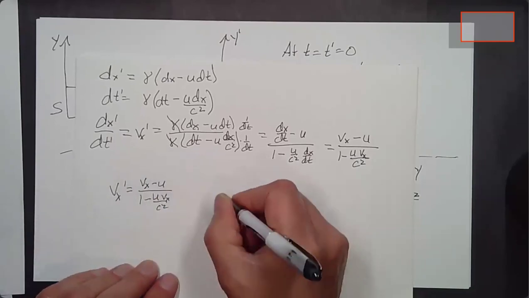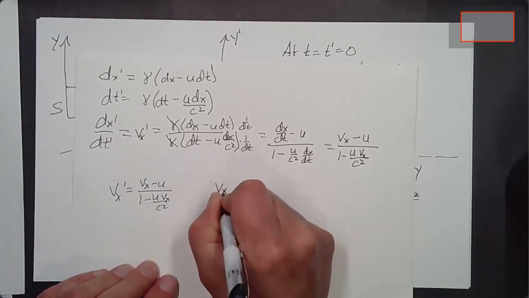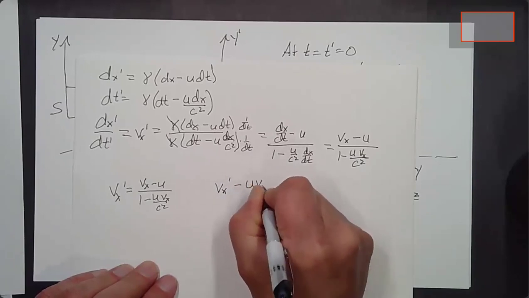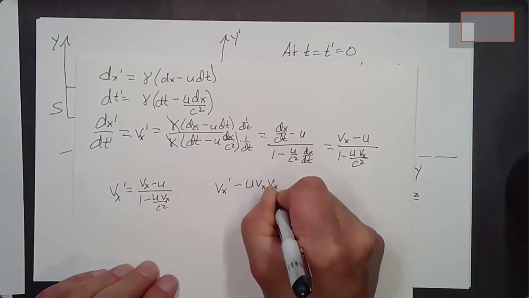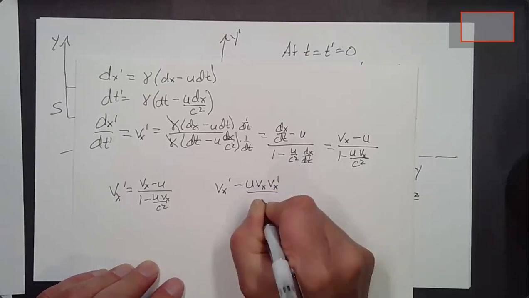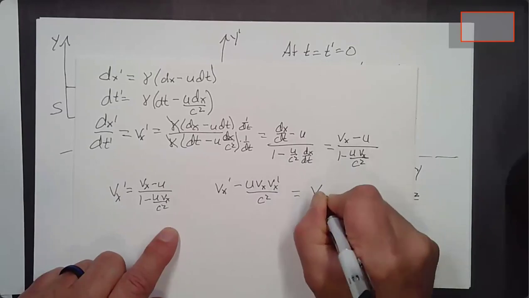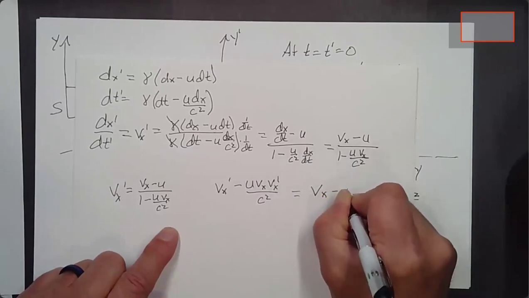Multiply out from underneath, and I'd get v sub x prime minus u v sub x prime v sub x over c squared is equal to v sub x minus u.